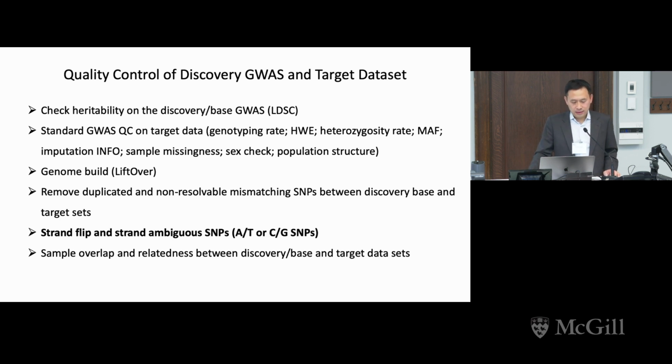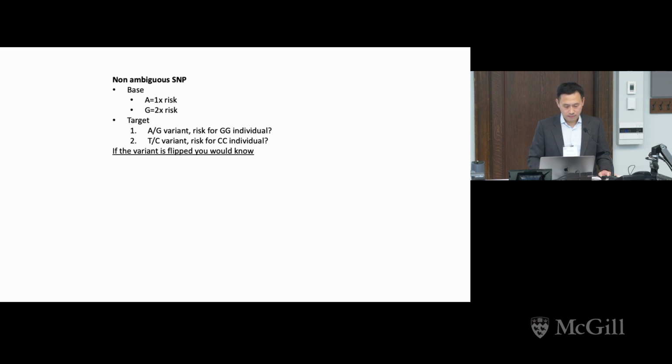The next thing that is a little bit unique to the PRS and also confusing is strand flipping. I'll give you one example, and I'm going to ask every one of you to answer the question, and we'll do a little exercise here. Let's say I hand over a data set to you, and you know for a certain SNP, there are two alleles in the data set.